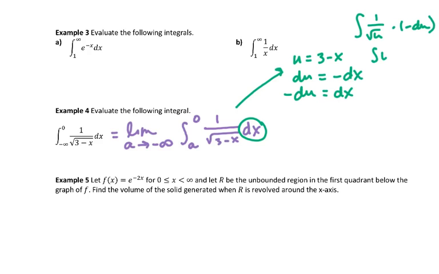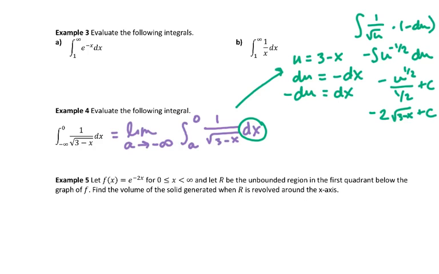So that's the same as integrating u to the negative 1/2, pull a negative out front, which would give me u to the positive 1/2 over 1/2 plus c. Dividing by 1/2 is really multiplying by negative 2, and u to the 1/2 is really square root u, and u is really 3 minus x.